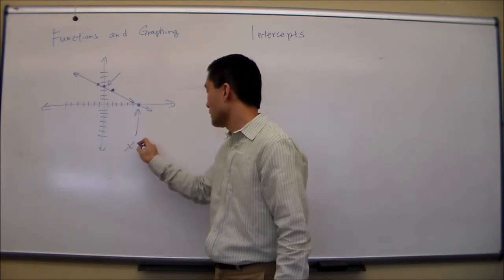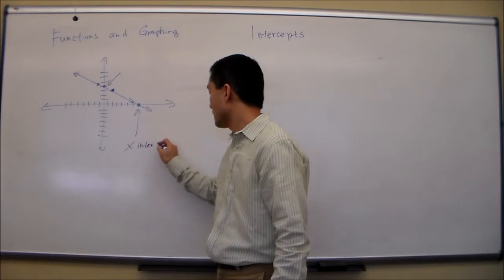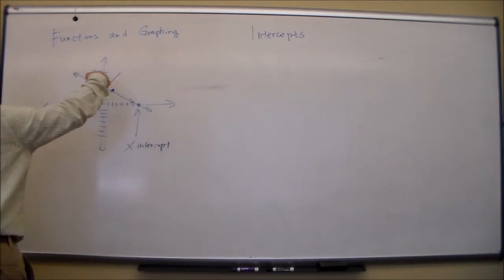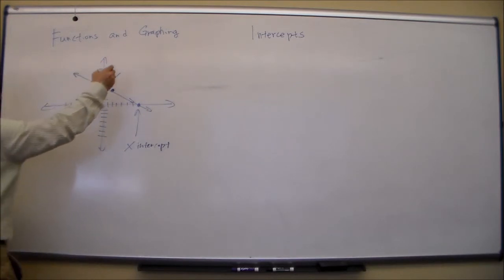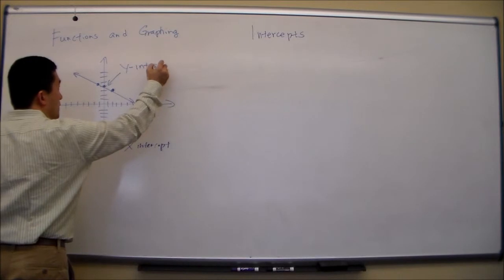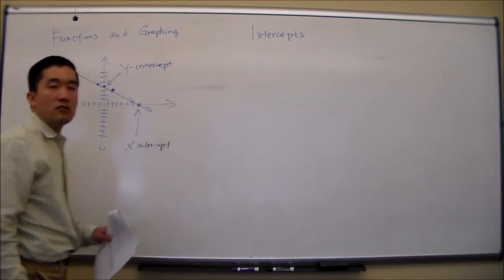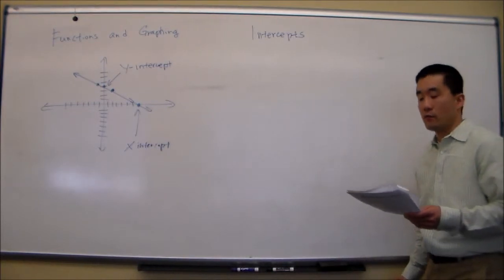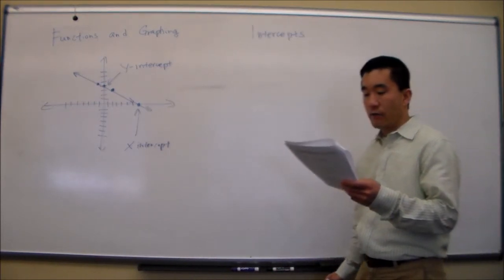So this is the x-intercept. And naturally, this one crosses the y-axis, so this is called a y-intercept. And you should know how to calculate intercepts, x and then y. How do we do that?